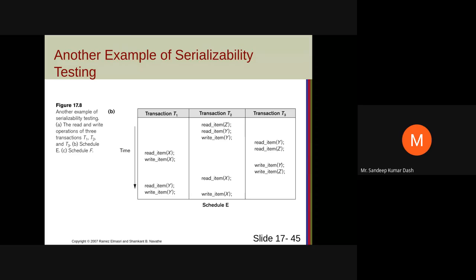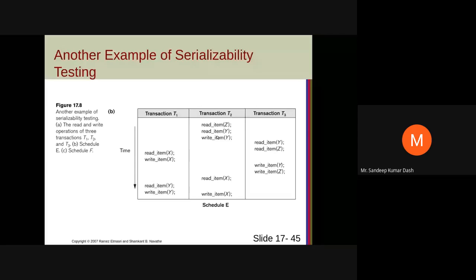So a schedule is a collection of this type of transactions, where the operations of a transaction should be in the same sequence in which they would have occurred if they were alone. Suppose for transaction T2, there is no T1 and T3. How many operations are there for T2? 1, 2, 3, 4, 5. Can you write an item before reading it? No, you cannot write. So this is the sequence of operations that would have been performed in T2. First this, then this, then this, then this, then this.